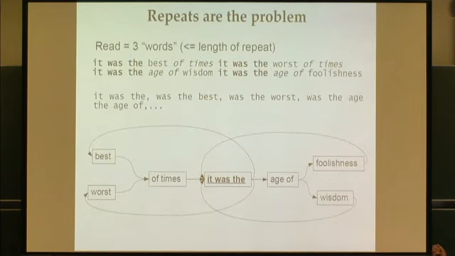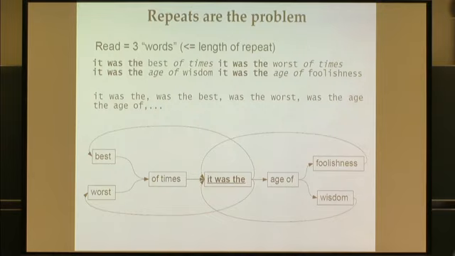I just want to put this up, first of all because we are in the UK, but also for those of you who are not intimately familiar with assembly, this is a great example from two of our former students, Adam Phillippy and Mike Schatz. The problem we have is that if you take a book like A Tale of Two Cities and chop it up into small pieces, you can't really reconstruct the original text.